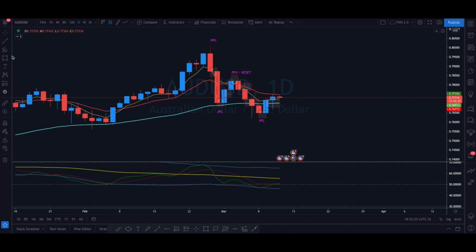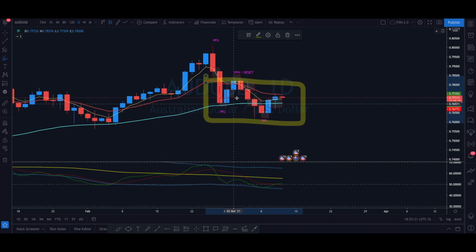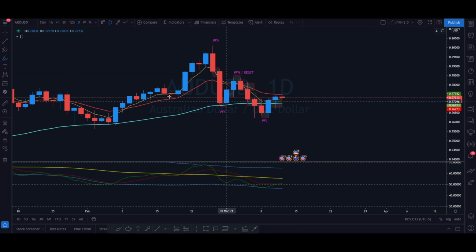This may still be your peak here on a daily, but this whole thing here essentially could be just level 1 on a daily. So just keep in mind that what's happening on the smaller time frame is literally the micro to the macro of what's happening on a daily chart.